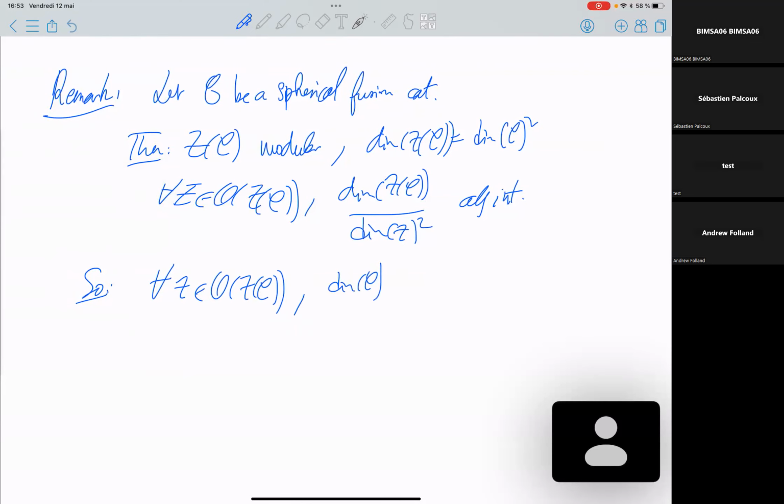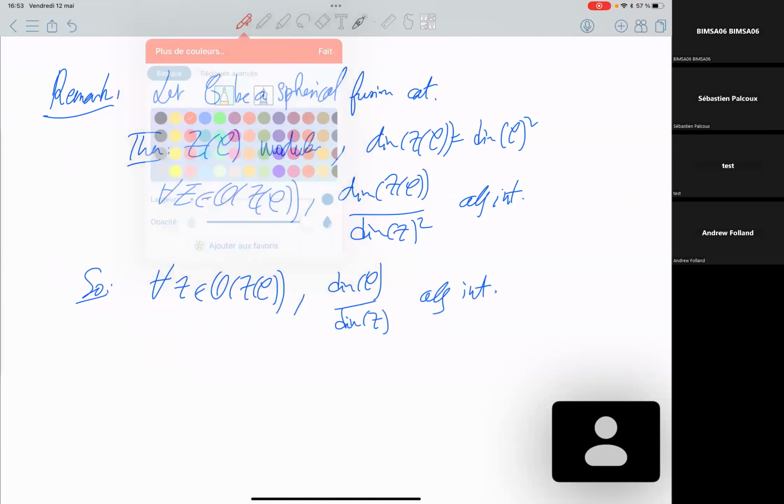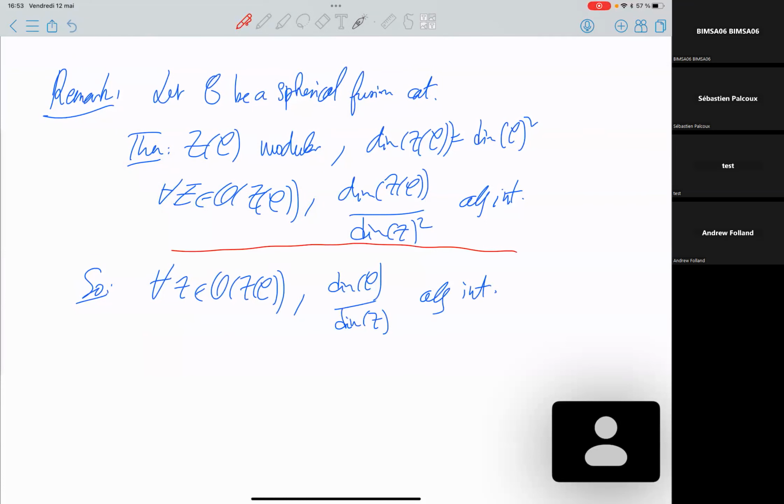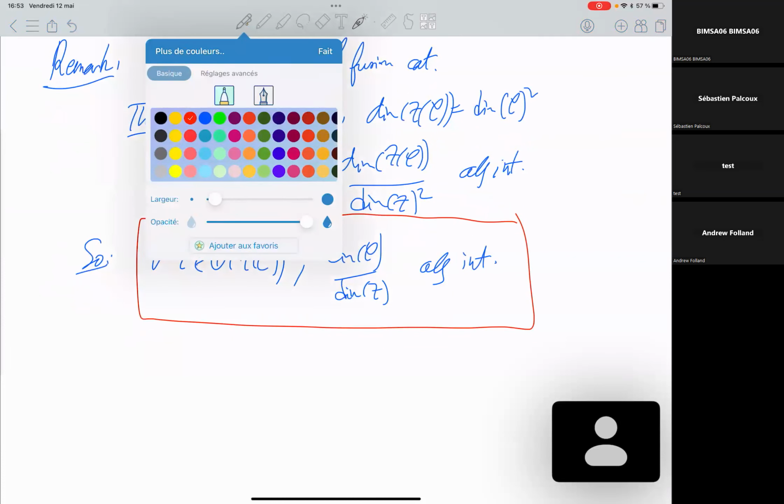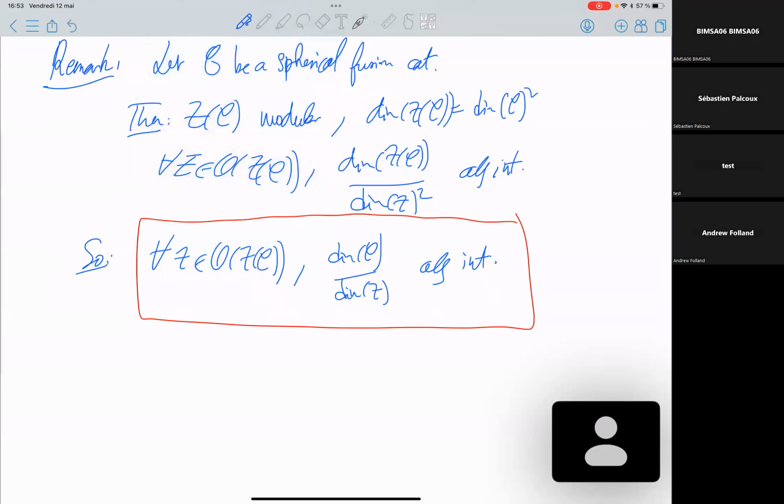The dimension of C divided by the dimension of this object is an algebraic integer, which is quite nice. C is not assumed to be braided here, it's general.